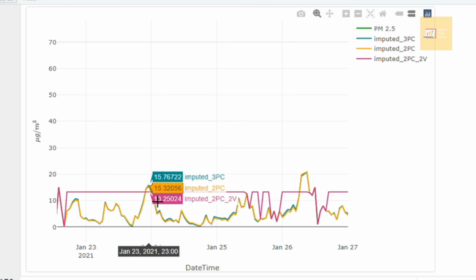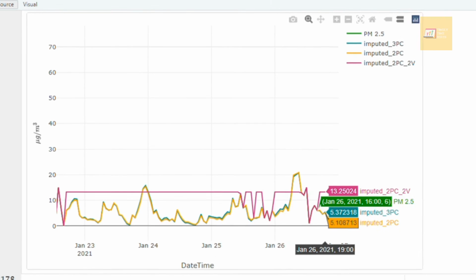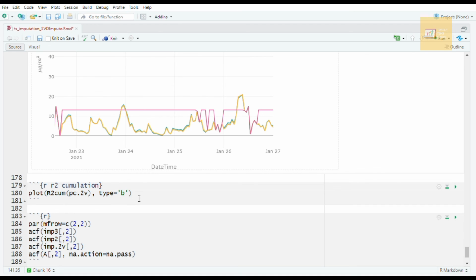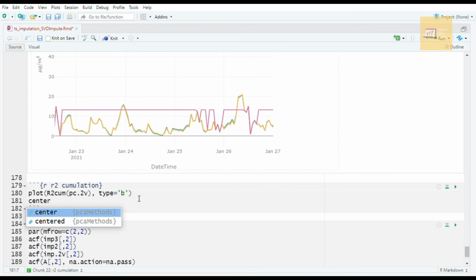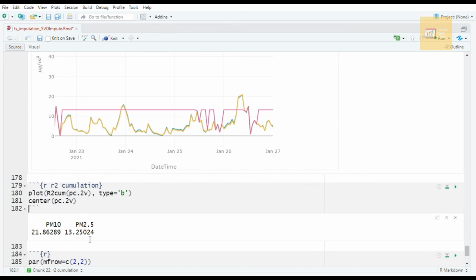I guess 13 is the mean of the PM 2.5, maybe that's why we get this imputation. We can check the center by using the center function. As we can see, 13.25, that is exactly the mean, and that's why the missing period is imputed with that mean.